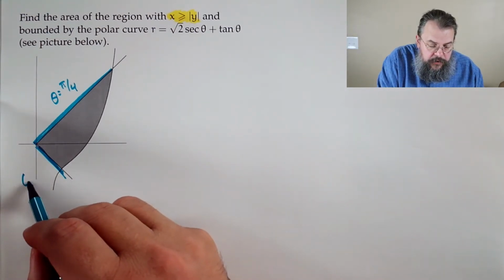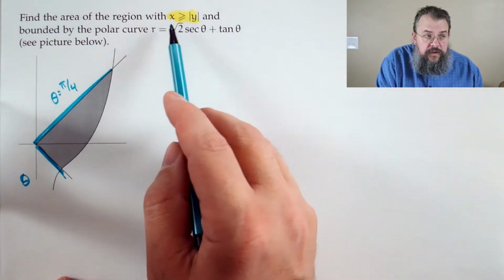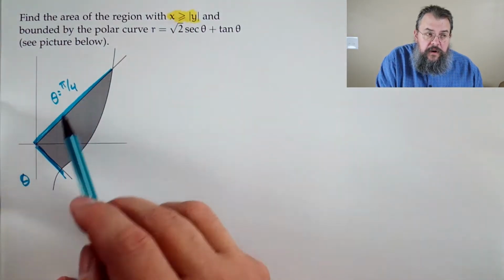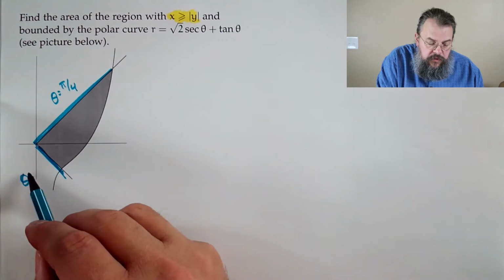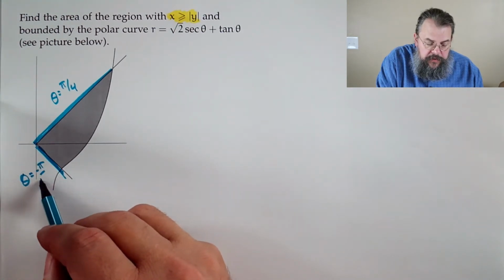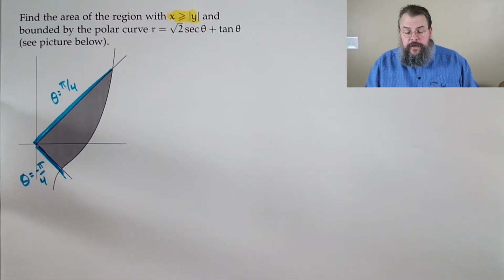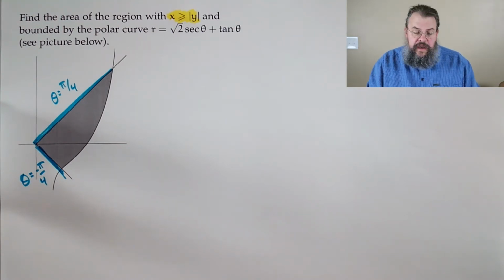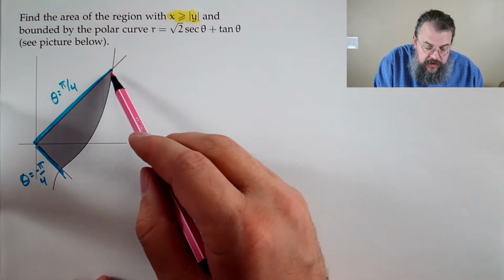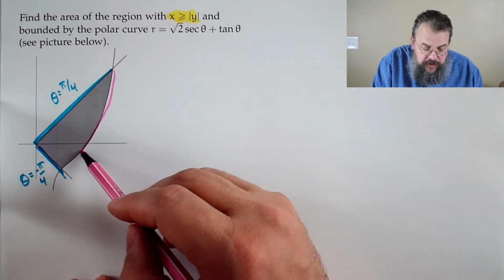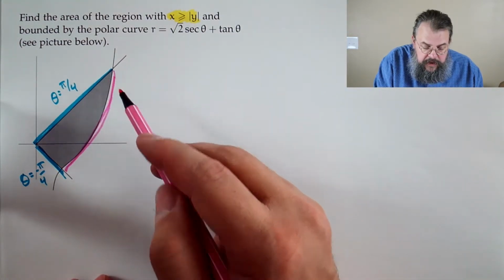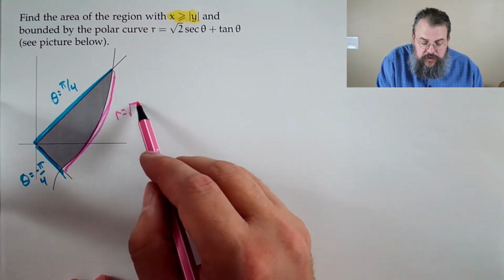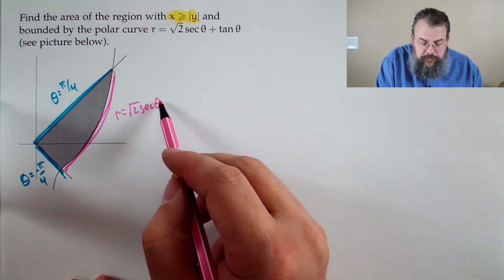So we can transform this statement, x greater than or equal to absolute value of y, to saying, oh, we're in between two relatively nice angles, pi over 4 and negative pi over 4. And then the last curve, it's already given to us in polar, and so we're happy with the last curve. That's great. So this piece right here, that's our r equals root 2 secant plus tangent.